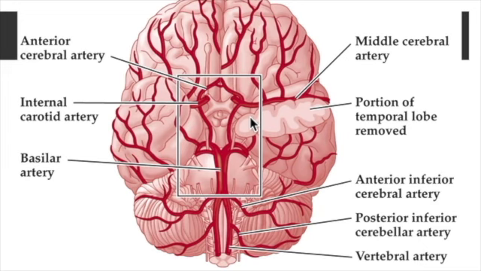This is a ventral view of the brain, and you can see how they've drawn this portion of the temporal lobe removed so that you can see how the different arteries come out of the circle of Willis. So the circle of Willis is this area right here, and from it you have the different major cerebral arteries that then go out towards the different parts of the brain.